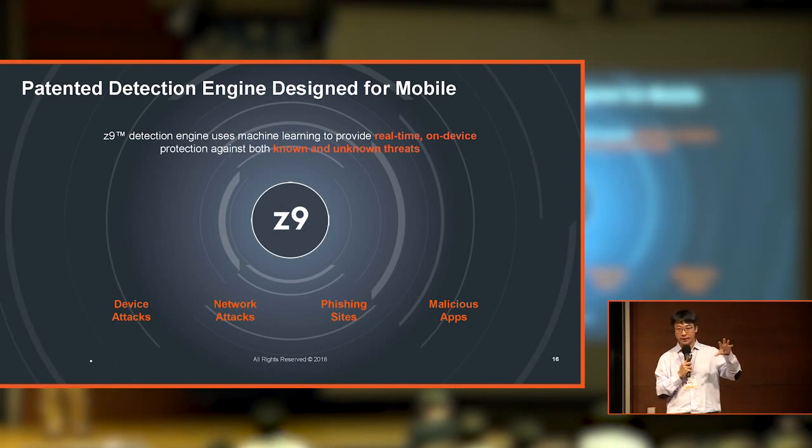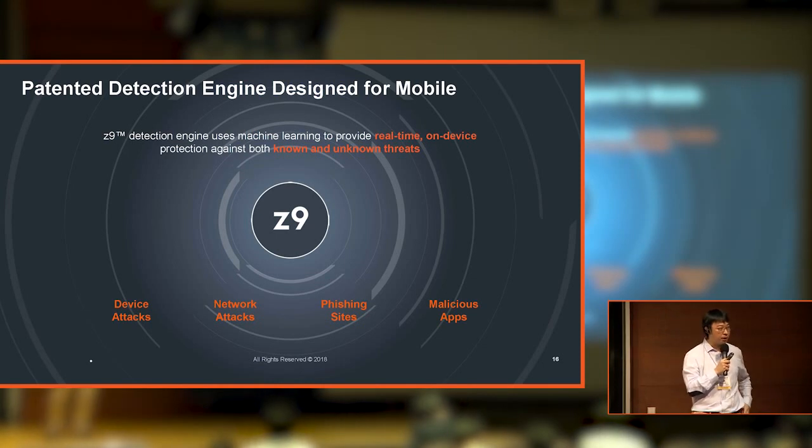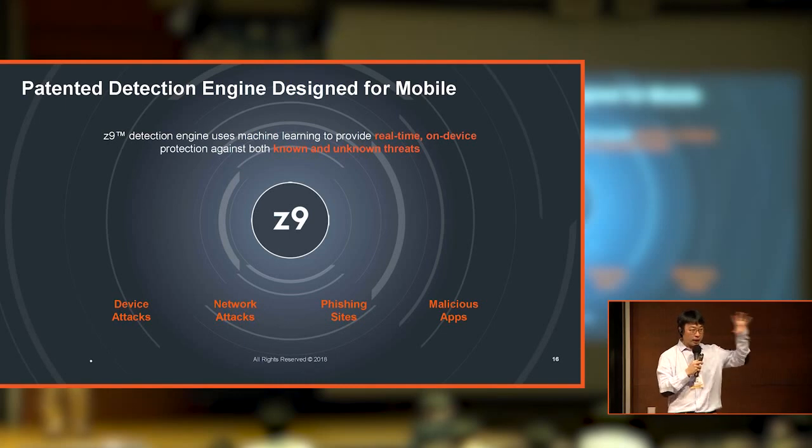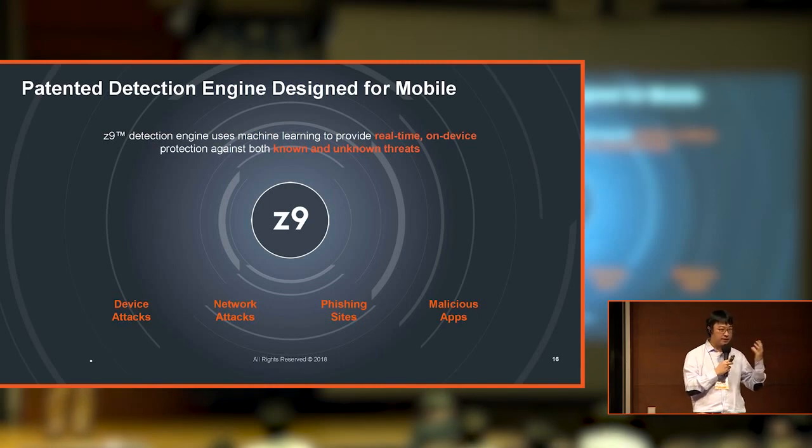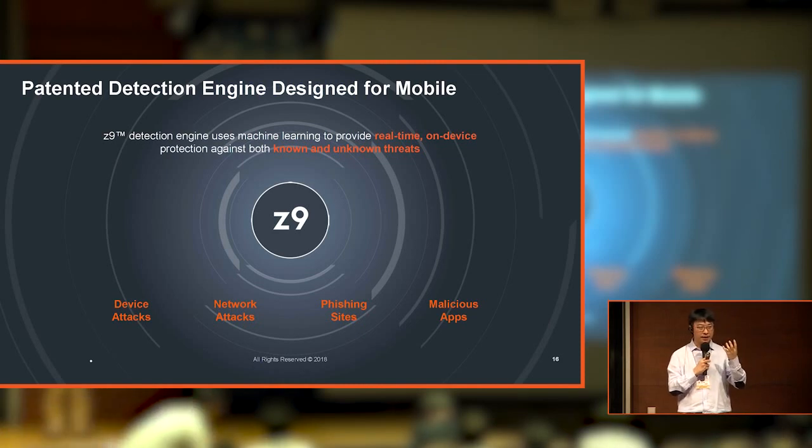So we created many devices in our research lab. We attack the device using all the different techniques that our researchers know: man-in-the-middle attack, we install malicious apps, we run exploits, we attack the memory, etc. When the attack takes place, we capture the information on the mobile device: CPU, memory, I/O stats, net stats, all the system kernel data.